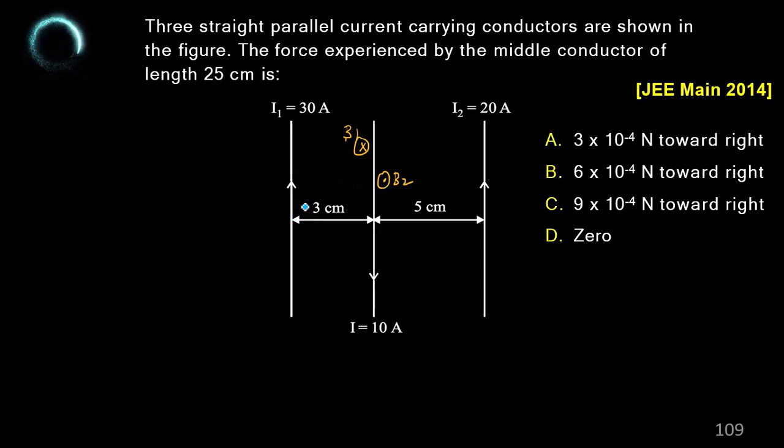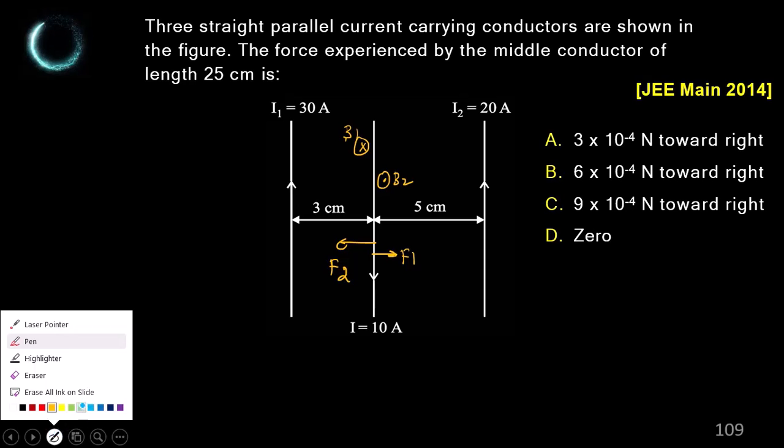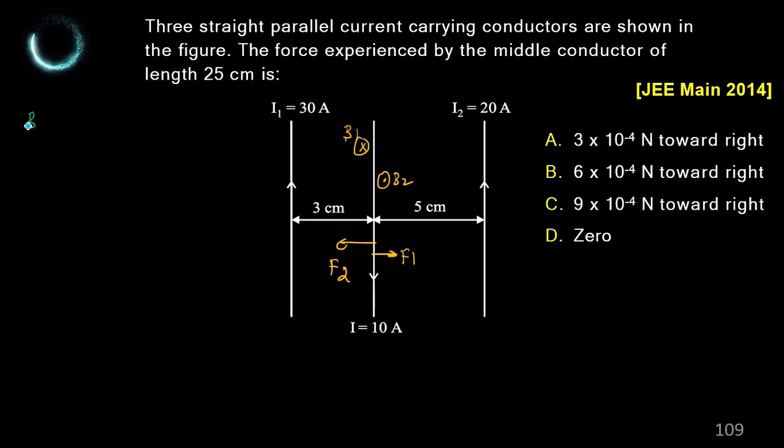সো B1 কত হয়? B1 হয় মিউ নট I বাই 2 পাই d, ওটা ওরকম করে বেরিয়ে আসবে। সো B1 এর জন্য ফোর্স কোন দিকে হচ্ছে? B1 ক্রস হচ্ছে, সো L cross B রাইটের দিকে, B1 এর জন্য একটা ফোর্স F1 এইদিকে হবে, আর B2 এর জন্য ফোর্স একটা F2 এইদিকে হবে। নেট ফোর্স ইজ F1 minus F2 or F2 minus F1, which one is larger? তাহলে B1 কে লিখবো কেমন করে?